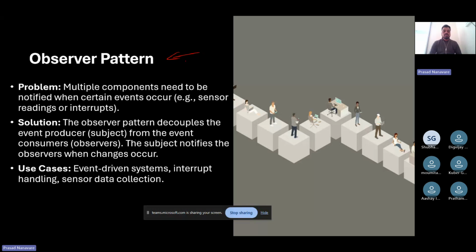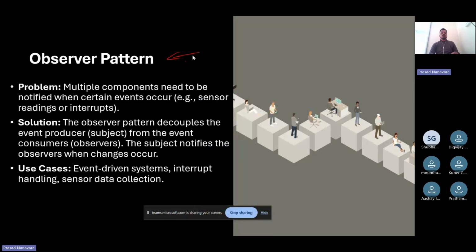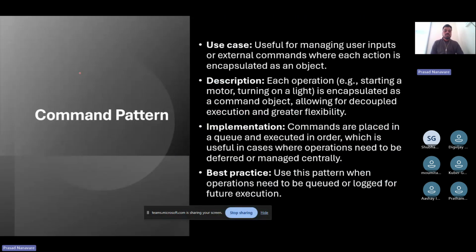Then we had the singleton pattern, and then the command pattern. These three, observer, singleton, and command pattern, are related to the code that we write. The command pattern is like, if an object is written, then that will be encapsulated as a command.